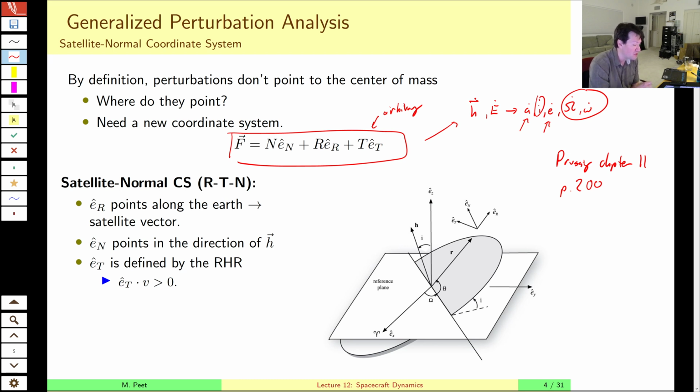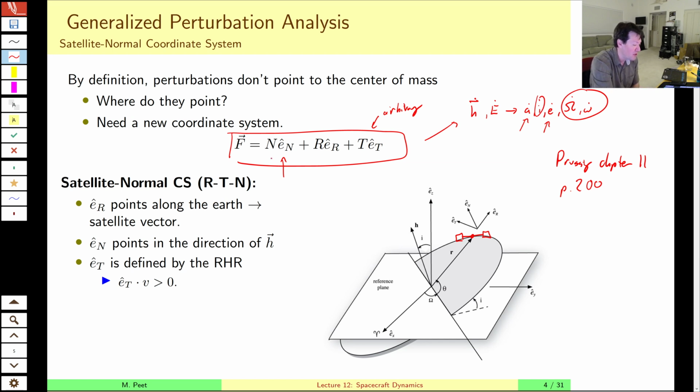So first of all, we've got a generic force. This is your satellite here, our spacecraft, with its little solar arrays. A natural coordinate system for representing forces from the satellite's perspective is the satellite normal coordinate system, because most of the major forces we deal with are best represented in this coordinate system.